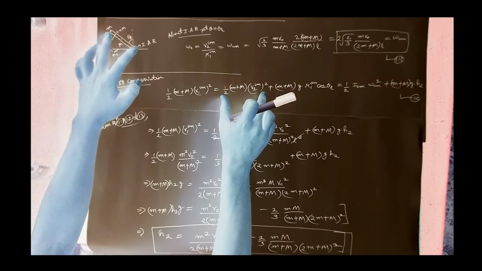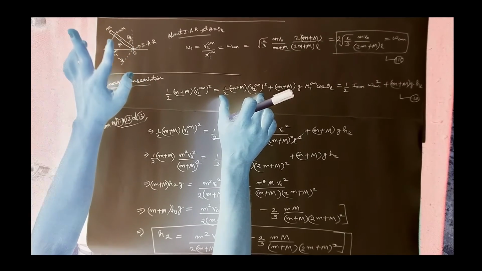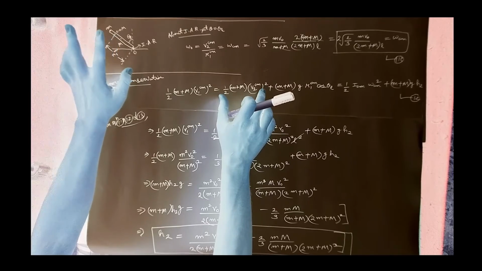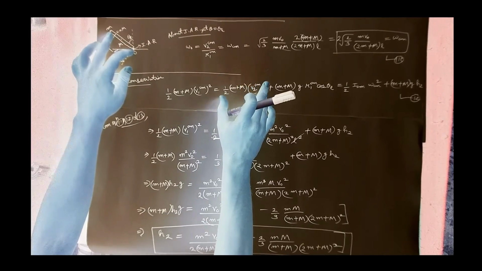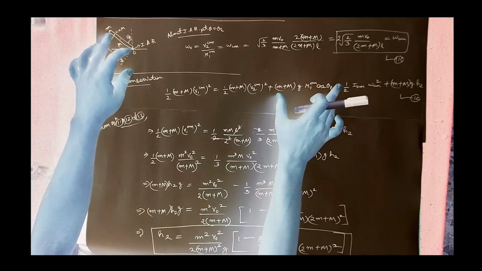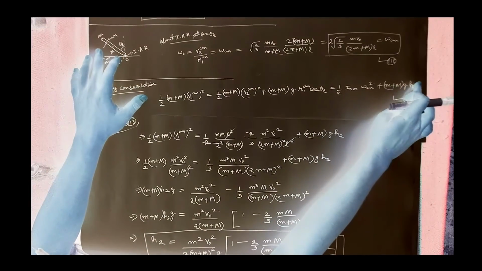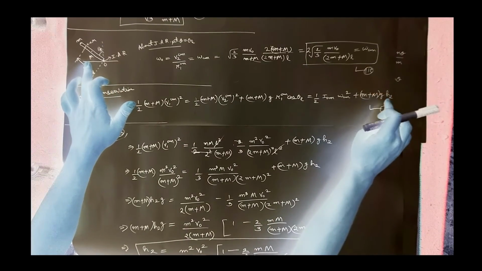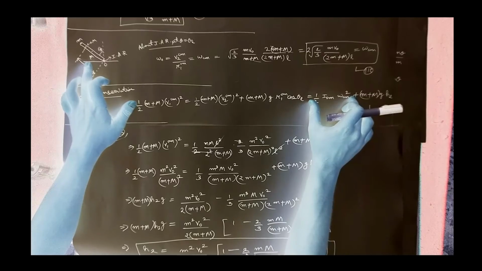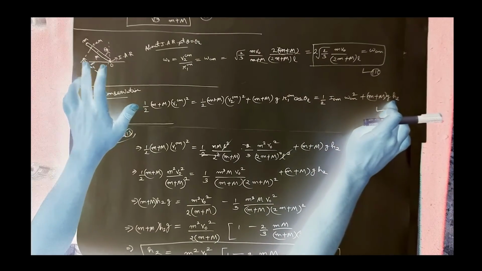Since it is pure rotation, at that point both are the same, there is no distinction between them at theta equal to theta L. This is translation kinetic energy as well as rotational kinetic energy at that point, plus gravitational potential energy at that point, equals the energy at the maximum height. At the maximum height, the height of the center of mass from the ground level will be h2, (capital M plus small m) g h2, and there is only rotational kinetic energy, no translational kinetic energy. So this suggests that this h2 is actually the height of the center of mass from the ground level.